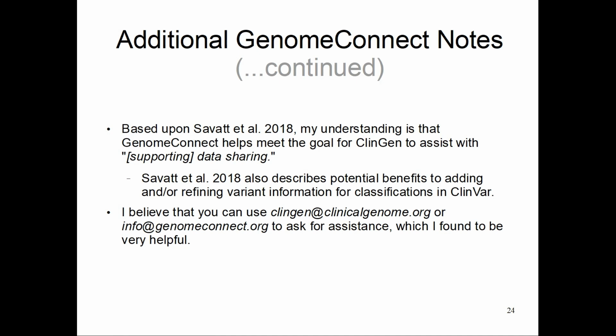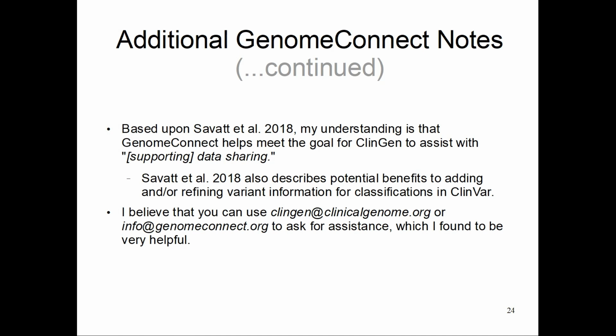Even though they're not putting your personal information in the public, they are keeping track of who has the disease and which variants are present in the person with disease, and they at least have the ability to add variant annotation and variant classifications in ClinVar, or refine the variant classifications in ClinVar.